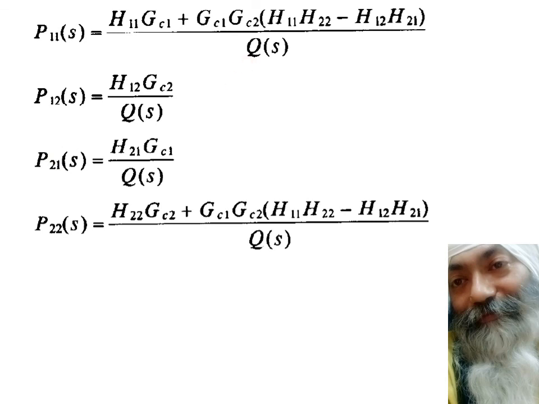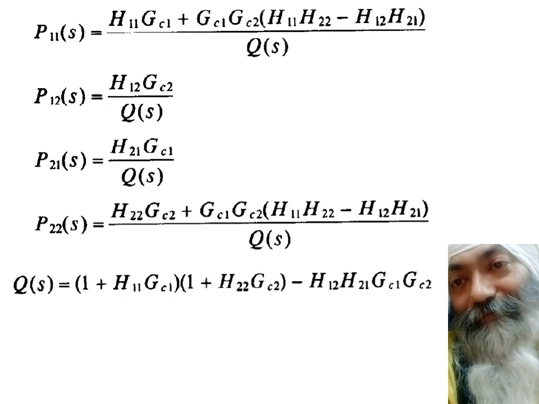As we have seen when we derived this equation, this QS is the denominator in all these terms, and it is given by not only H11 GC1, which is quite understandable, not only by H22 and GC2, which is quite understandable, but also by this term which contains the remaining four terms. I told you that the entire game is of six terms, right?